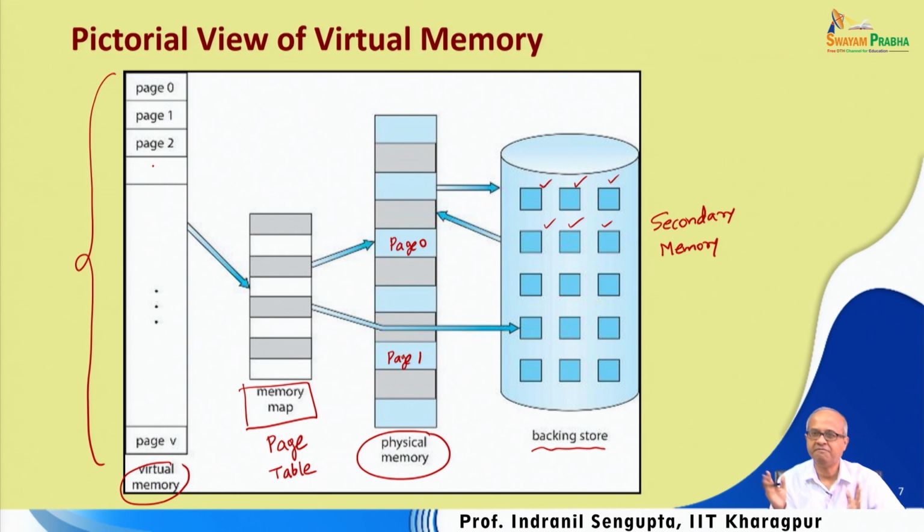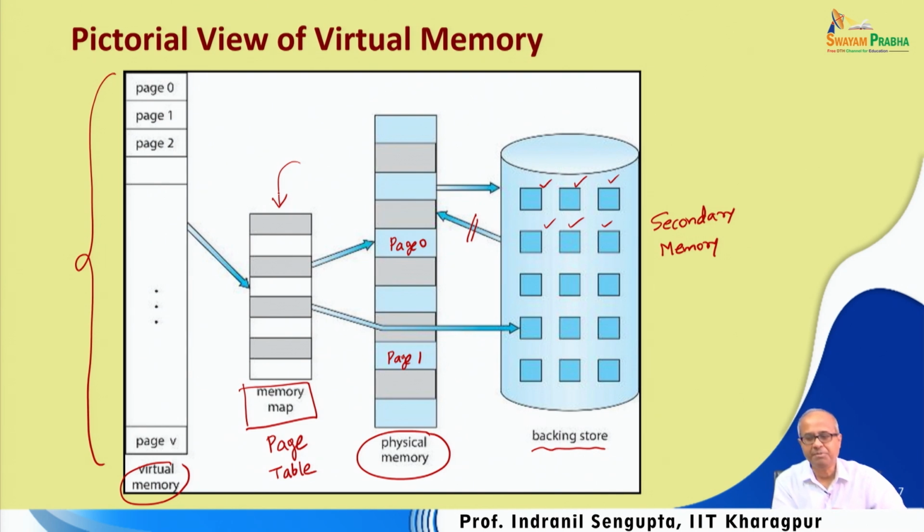If it is in memory, fine, just like the previous paging method, you go to memory and access it. But if it is not, then you will have to load that page from secondary memory into physical memory. After loading, naturally you will also have to update the page table to indicate that now the page is available in memory.